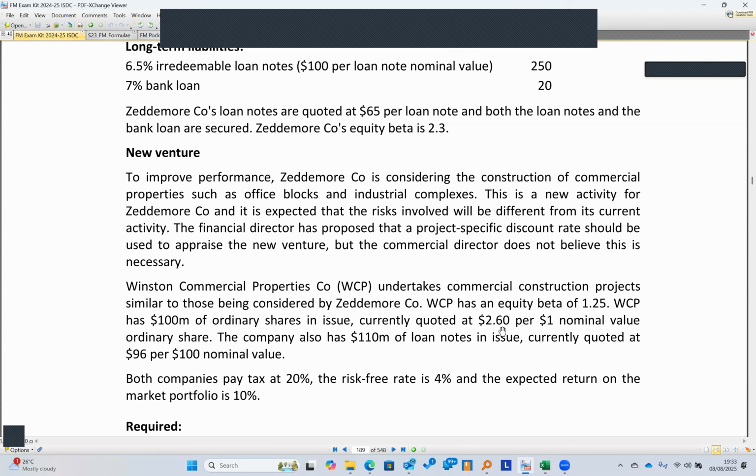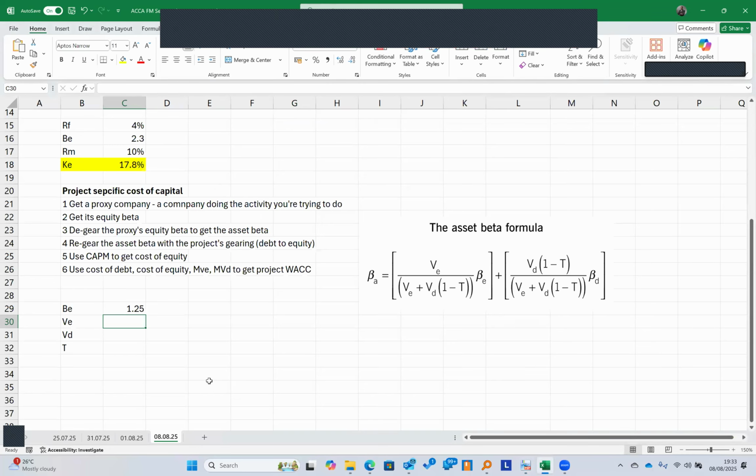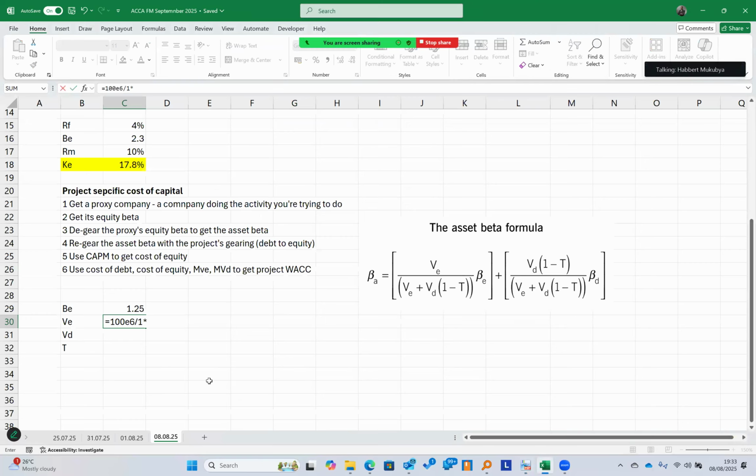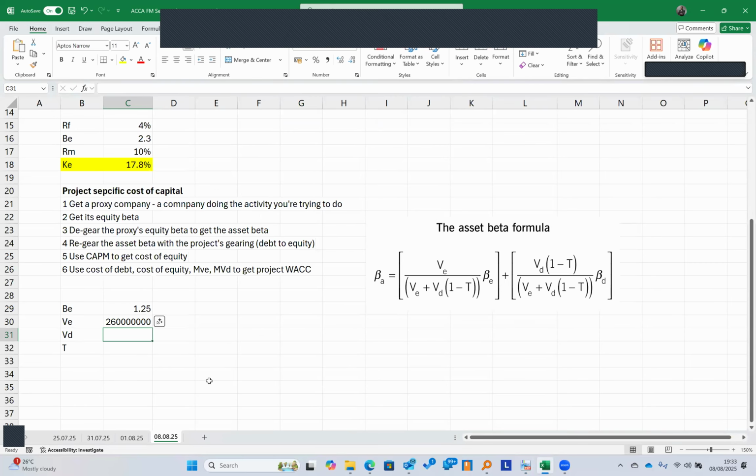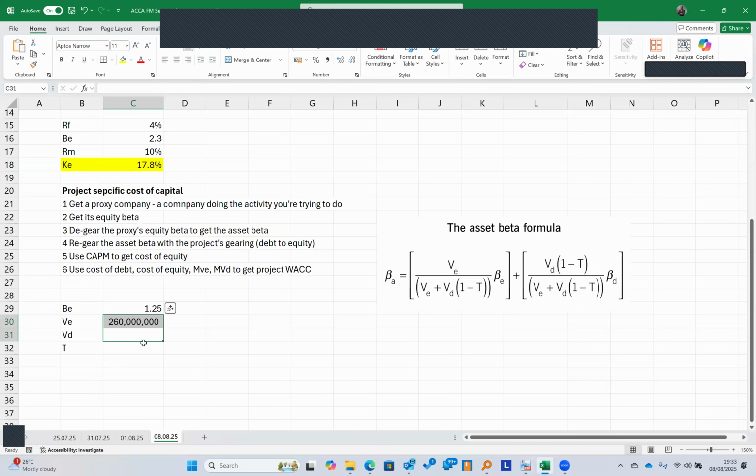And then it is currently quoted at 2.6. So you can easily get the market value of equity by saying 100 million divided by 1 to get the shares, multiplied by 2.6. So that is the value of equity, 260 million.